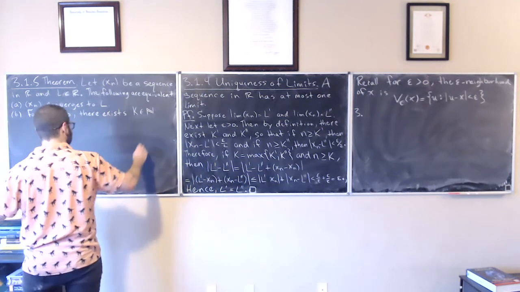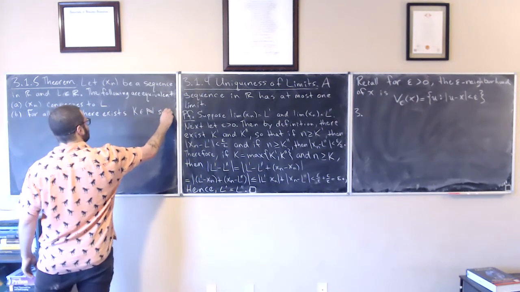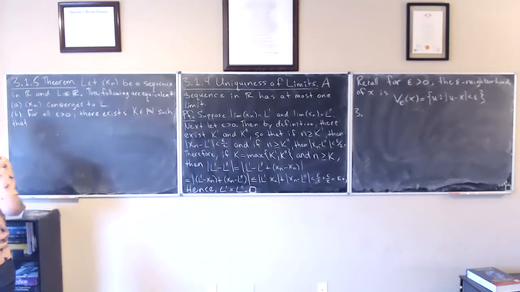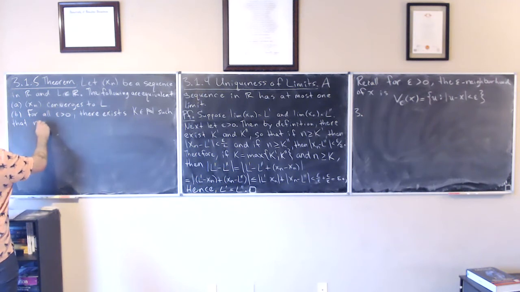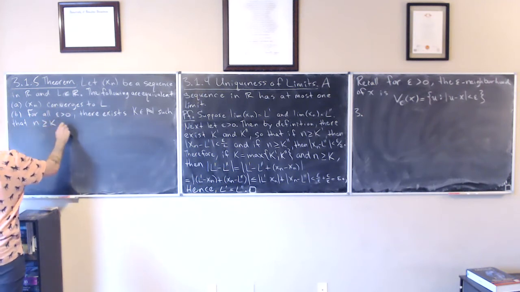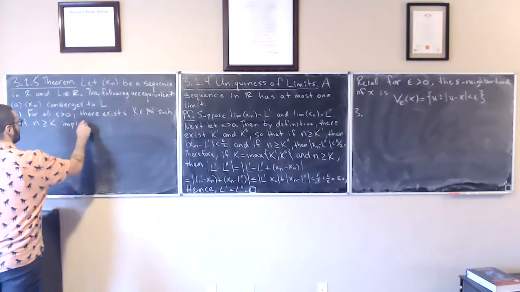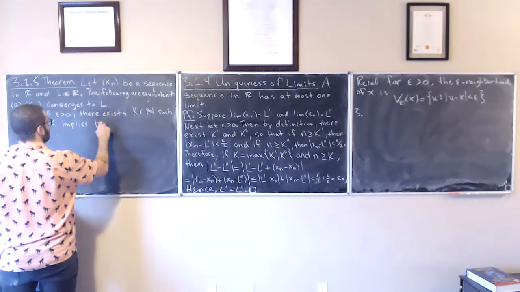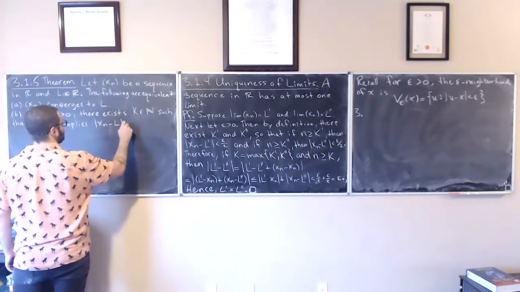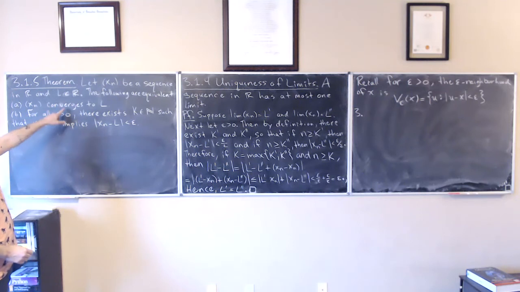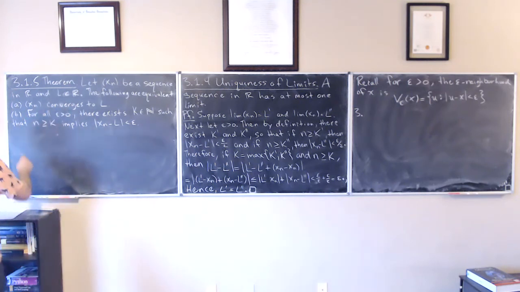Remember that? Such that n greater than or equal to k implies |x_n minus L| is less than epsilon. That's just the definition. That's just the way of saying the words.